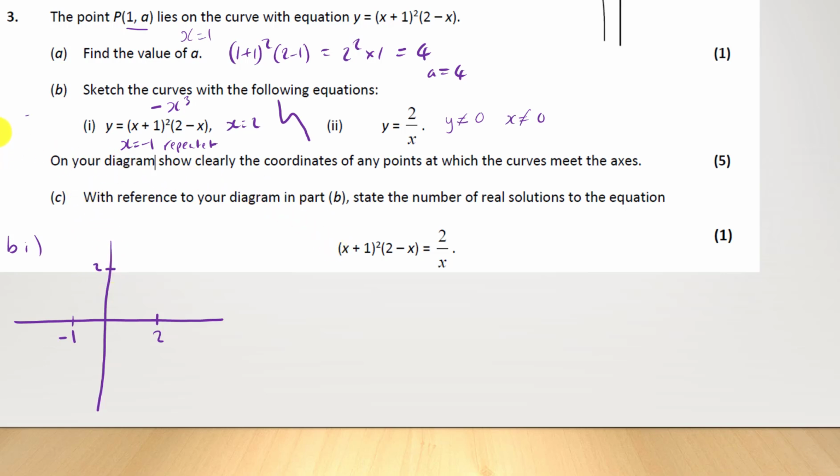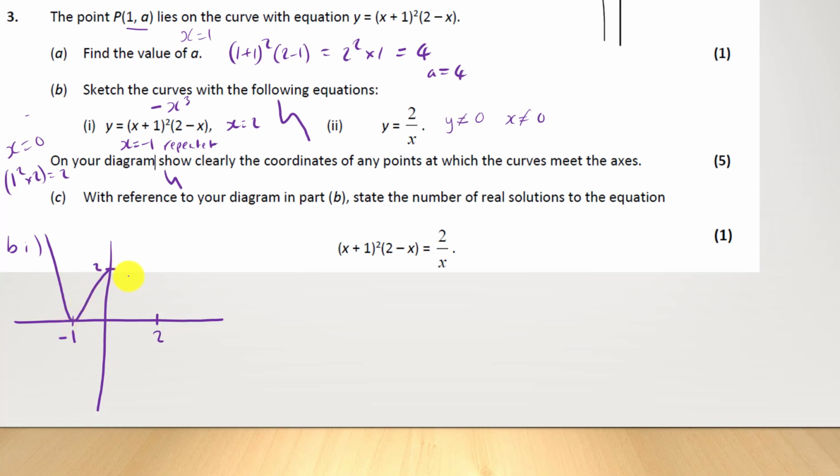Well, when x equals 0, we get 1 squared times 2, which equals 2. We just substitute into here. We know it's this shape that I've said before. This must be repeated, so it would make sense that this bit will be here.